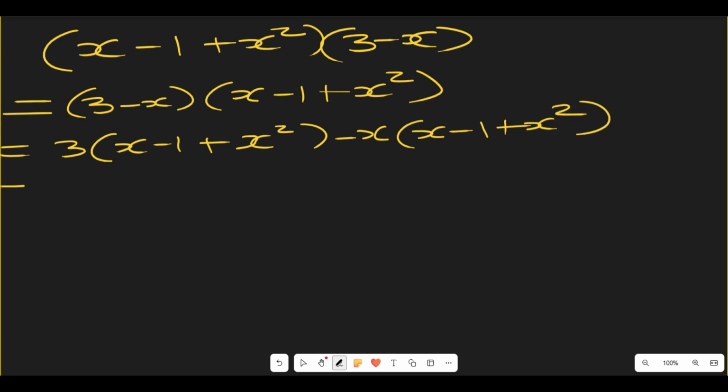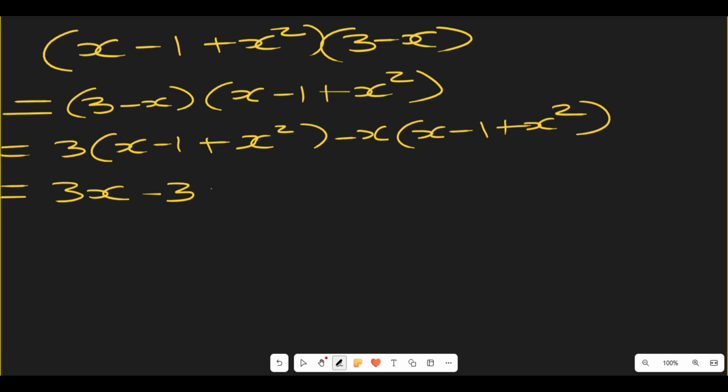Maybe this is how you will have to fold it down and collect like terms. 3 multiplied by x is 3x, 3 multiplied by negative 1 is negative 3, and then 3 multiplied by x squared is actually what?